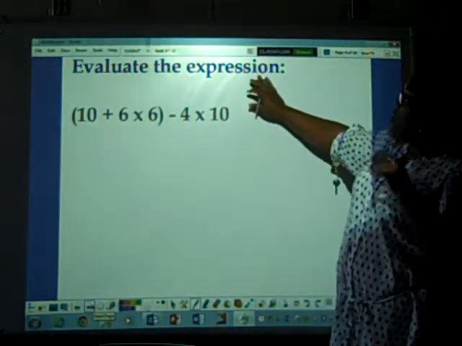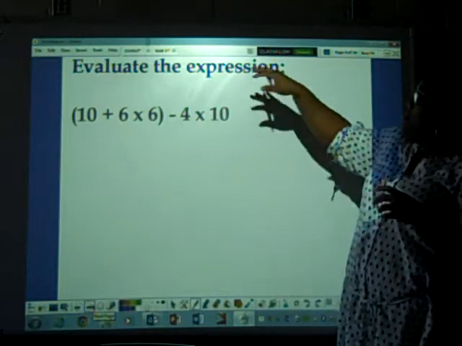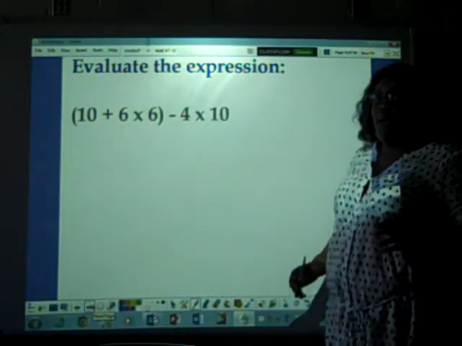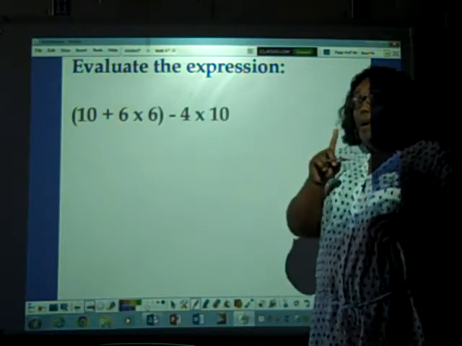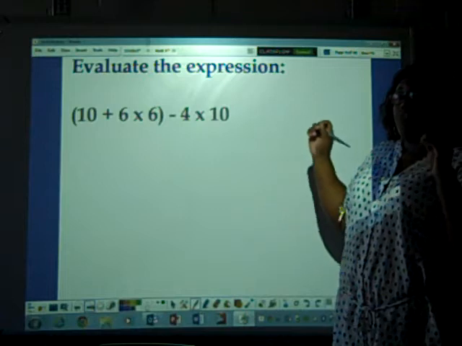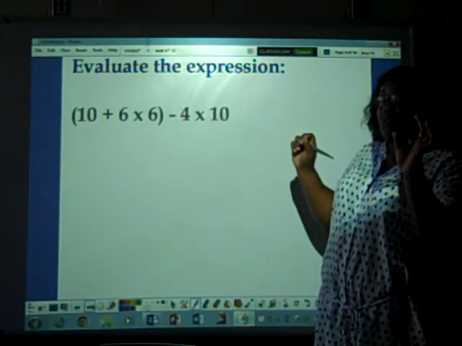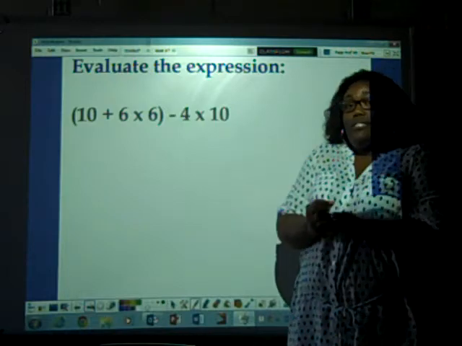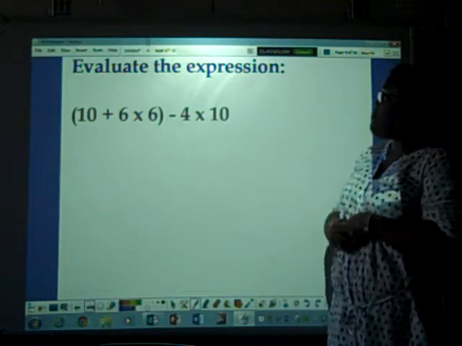Alright, so now we're going to start with this problem right here. It says evaluate the expression. And I bet you're like, whoa, that's a lot. It is a lot. But remember, we follow PEMDAS. And I'm going to show you the particular order that you use to solve your numerical expressions. So say for instance, I gave you a problem like this when you come into class tomorrow.